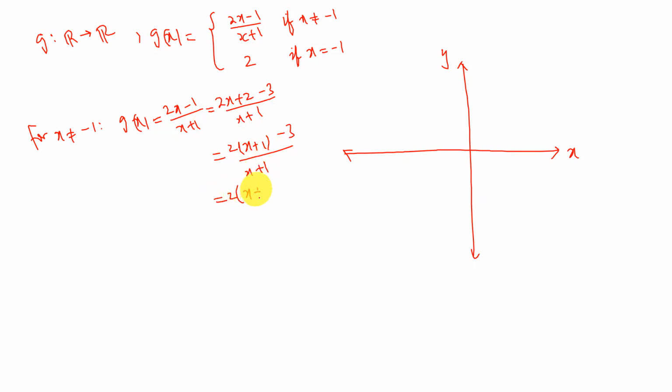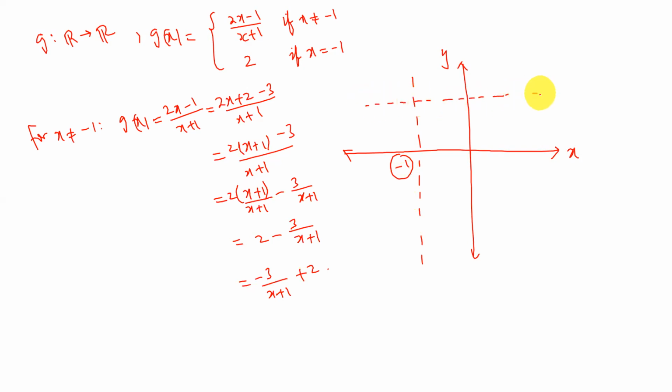Right, so you have 2 minus 3 over x plus 1, that is, 2 minus 3 over x plus 1. The rectangular hyperbola with x equal to minus 1 is an asymptote, but also it has y equals 2.